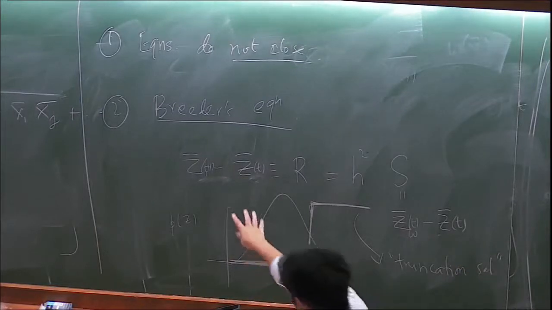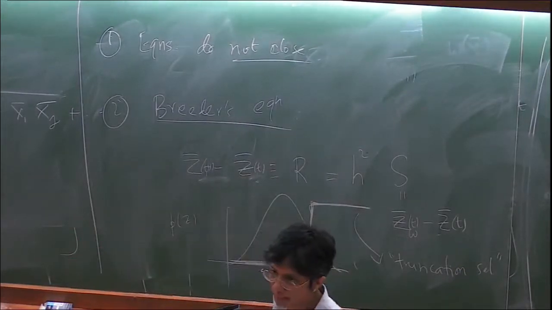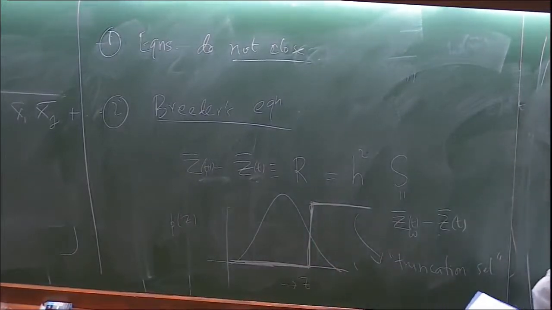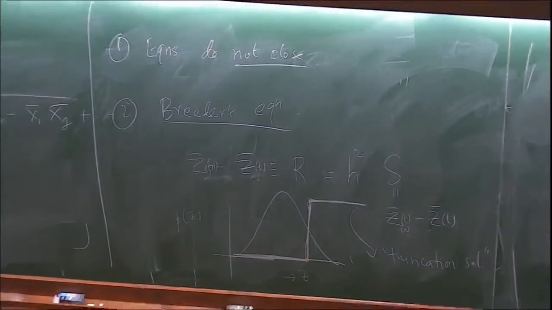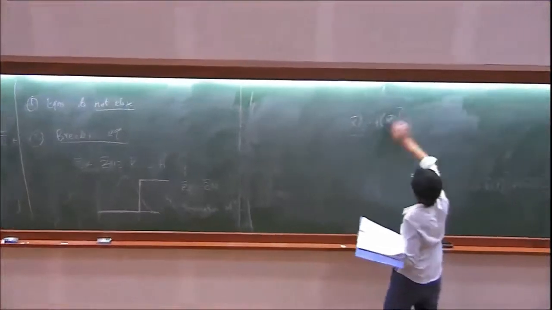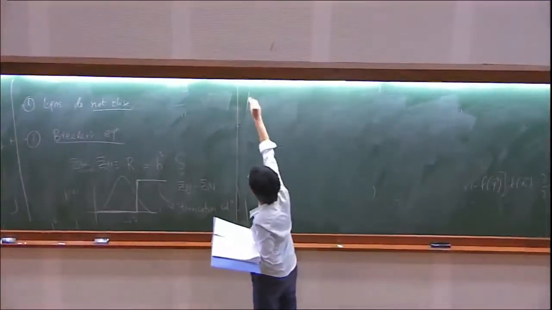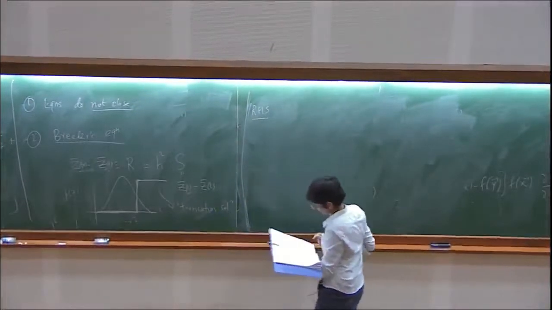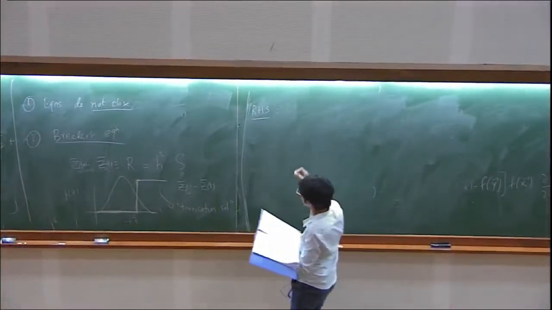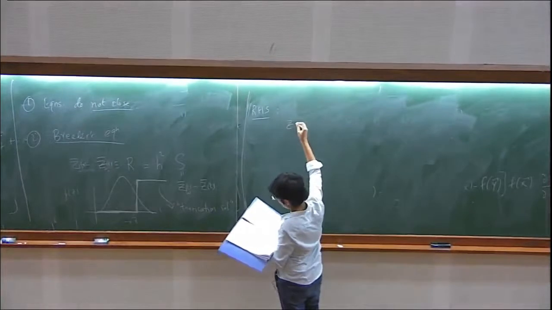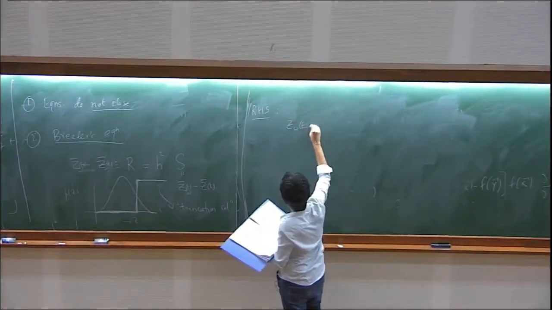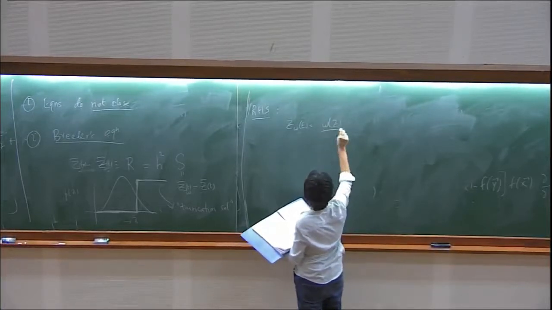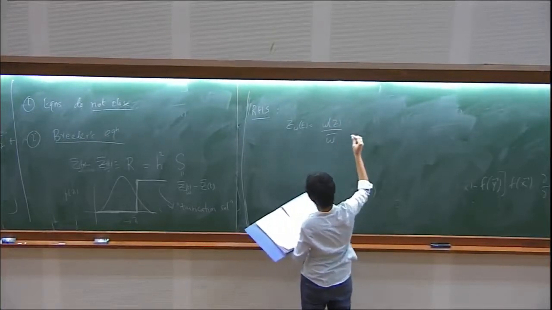I have the same left-hand side. The right-hand side is complicated. Let me make some assumptions and see if we get it. Let me just focus on the right-hand side. Okay, so here are the assumptions. So z bar w at time t is just like we did for the phenotype, the same equation you have seen many times now.